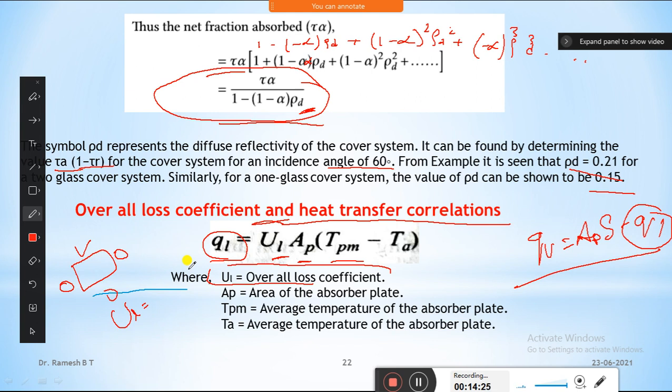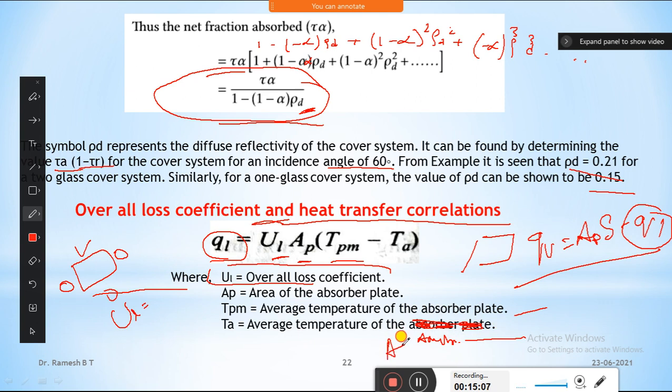UL is the overall loss coefficient, and Ap is the area of the absorber plate. The liquid flat plate collector has an absorber plate, and its area, length into width, is the area of the absorber plate. Tpm is the average temperature of the absorber plate, and Ta is the average temperature of the atmosphere, or ambient temperature, or surrounding air temperature.